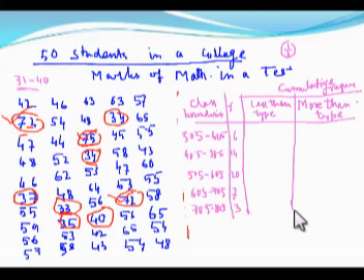So how is cumulative frequency obtained? The total frequency was 50. For the less than type, first we write the first frequency.